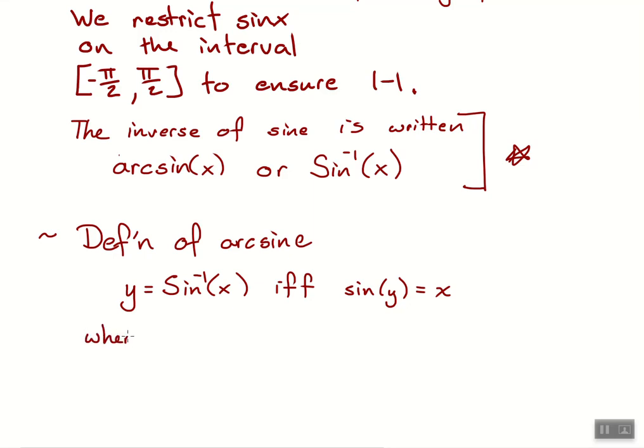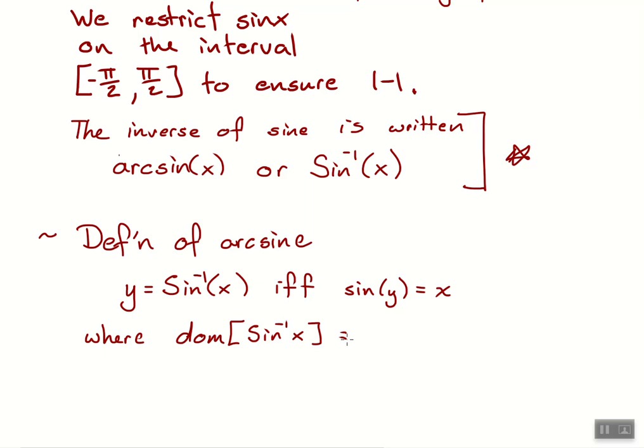We are going to say that the domain of arc sine of x is equal to, and we're going to pause for just one second once we get here. I'm asking about the domain of the inverse, which is the same question as asking about the range of the original function.